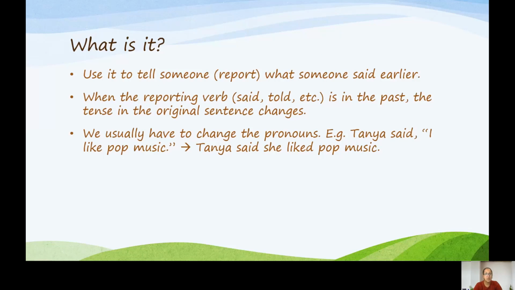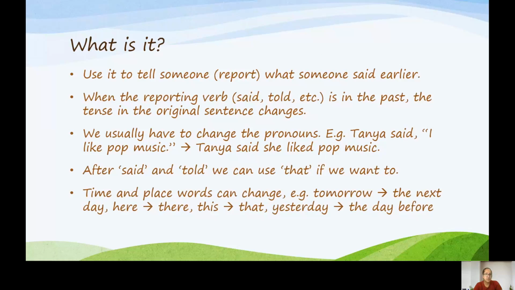So we use the pronoun that refers to Tanya, she. After said and told, we can use that if we want to. It's up to you. So in this previous sentence, you could say, Tanya said that she liked pop music. It doesn't change the meaning. You can use it either way.